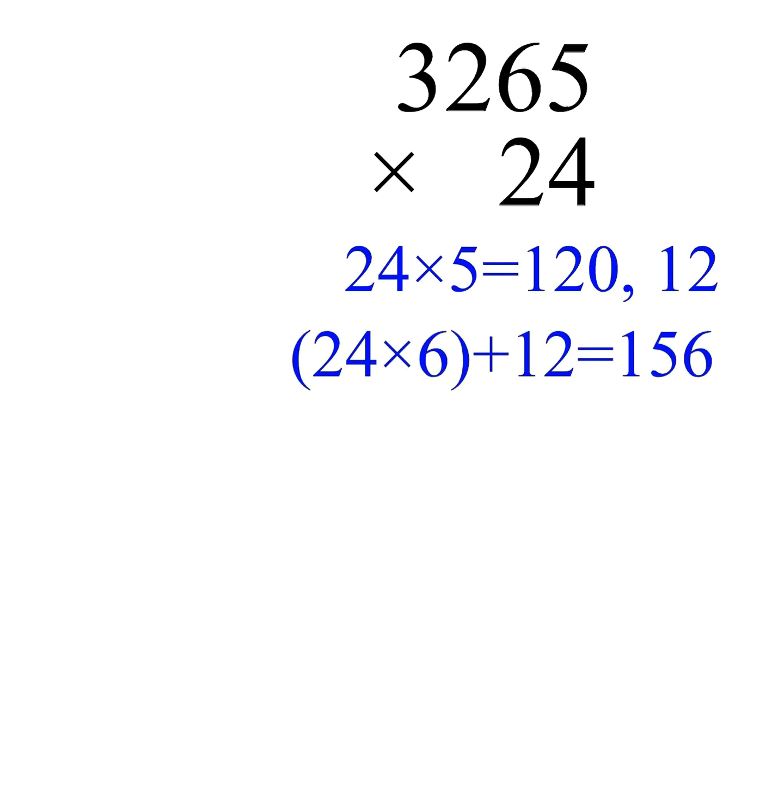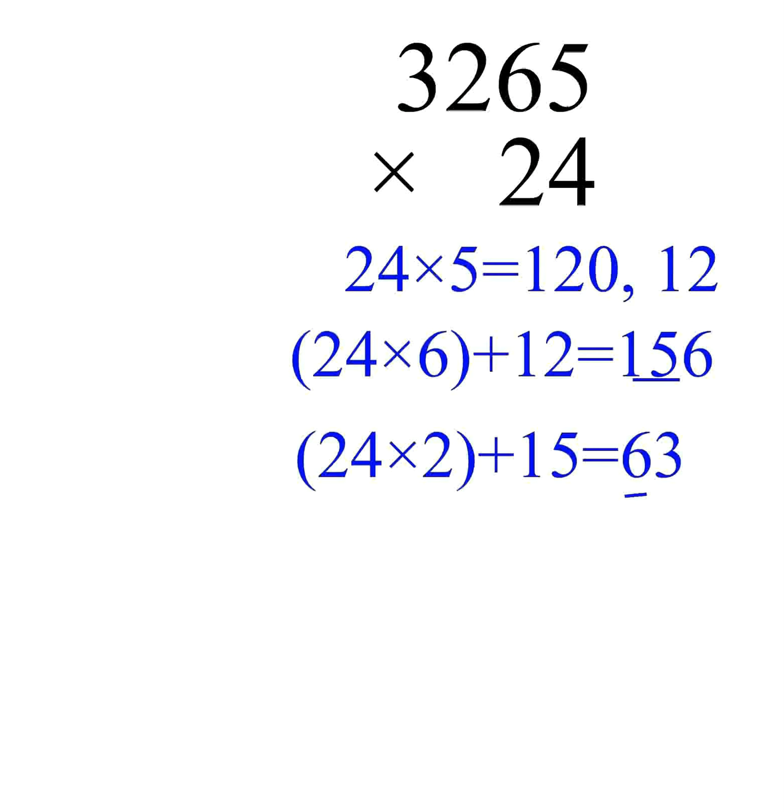So let's do that. 24 times 5 would be 120, and we carry 12. Then we multiply 24 by 6 and add it to 12, which would be this. We carry 15. Then multiply 24 by 2 and add it to 15, which would be 63.